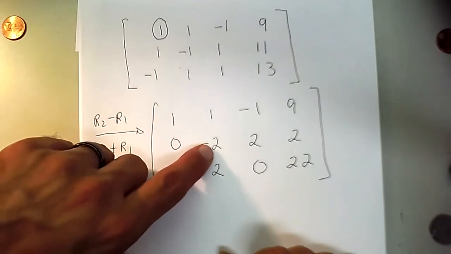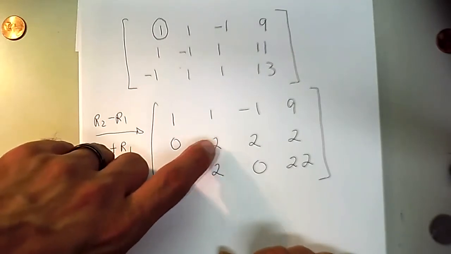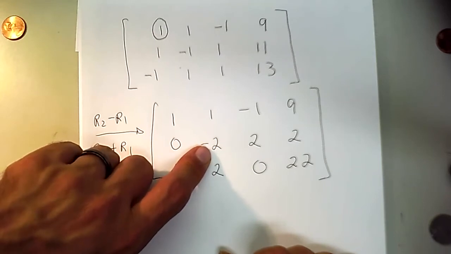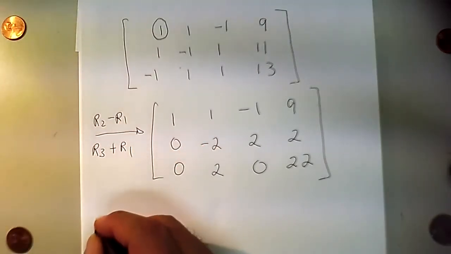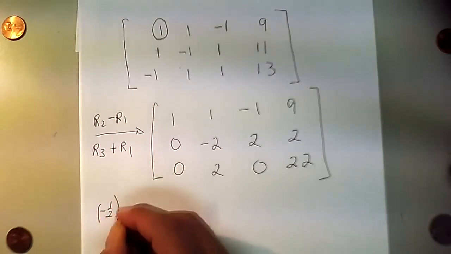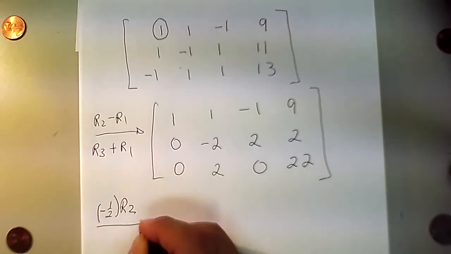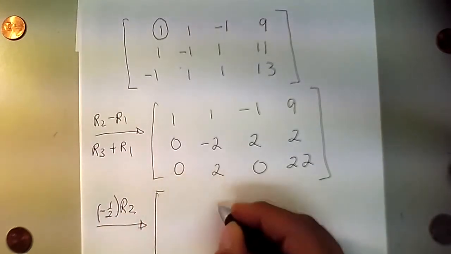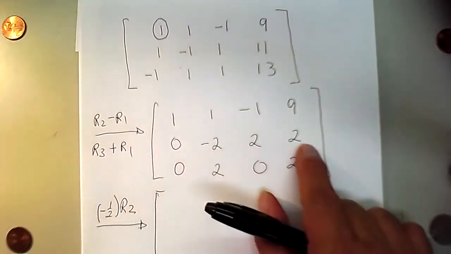Let's just divide by the second row. We're gonna multiply it by a negative 1/2. So we're going to take the second row and multiply it by negative 1/2. That will only affect the second row.